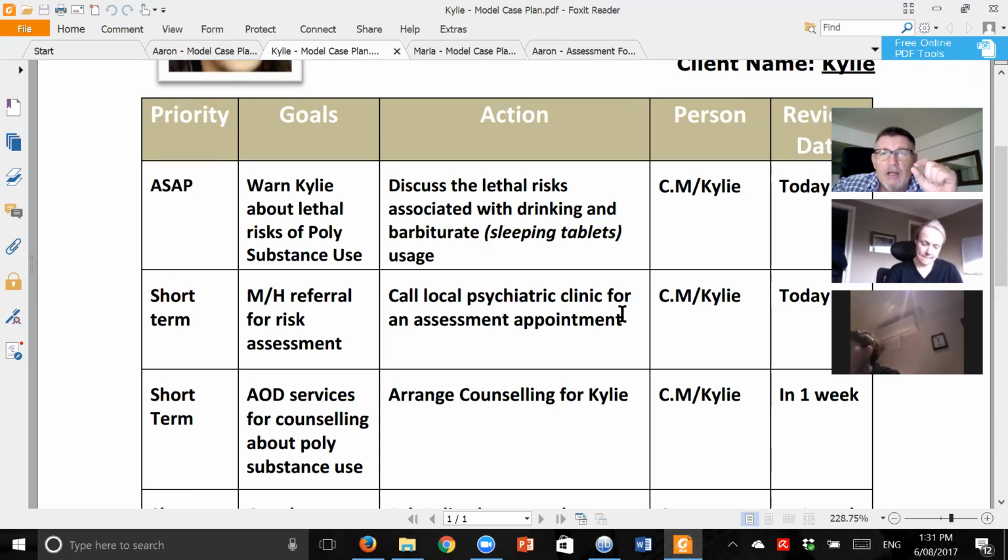Here we've got the word risks under the actions for Kylie. Risks exists for ASAP, lethal risks. Here, you might want to write down suicide ideation, SH, self-harm. But SH is a bit lazy on my part, because if somebody else has to pick up your case plan, they might not know what SH means.